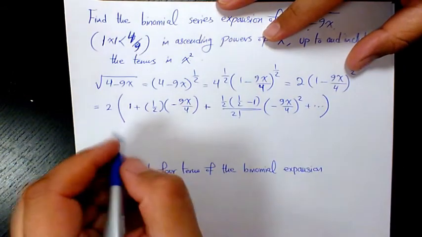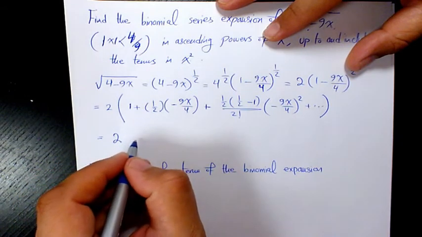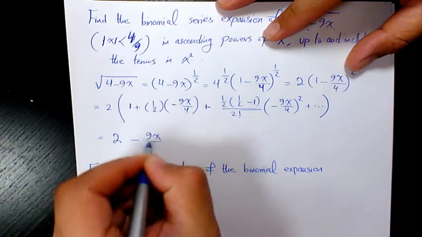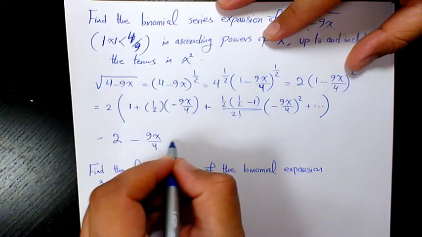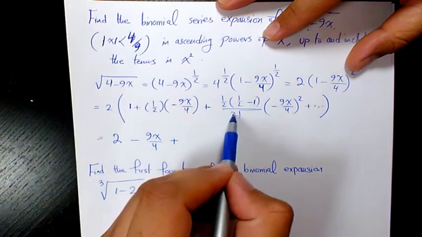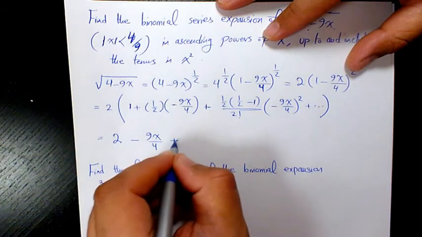When you multiply it, it's going to be 2 minus, 2 and 2 cancel out, 9x over 4 plus, 2 and 2 cancel out, 1 over 2 times negative 1 over 2 is going to be negative 1 over 4.